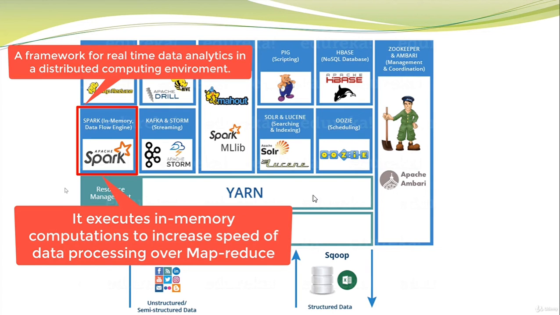It has an interactive shell in either Scala or Python, which allows you to quickly process data sets. You can simply type in a bunch of transformations and see what the result looks like in Spark. It's very fast and it has a whole bunch of built-in libraries for machine learning, stream processing, and graph processing. Its framework includes all the useful tools that you will need with a big data system.